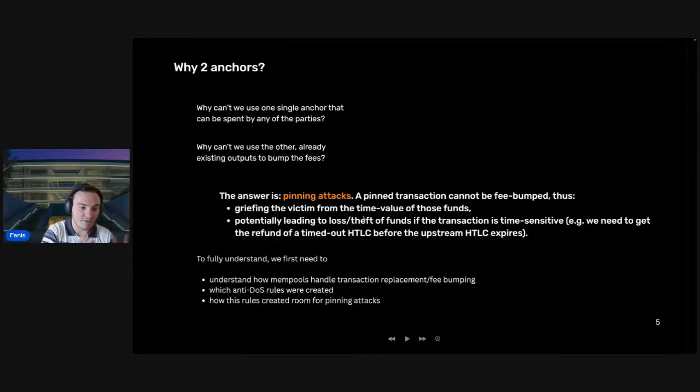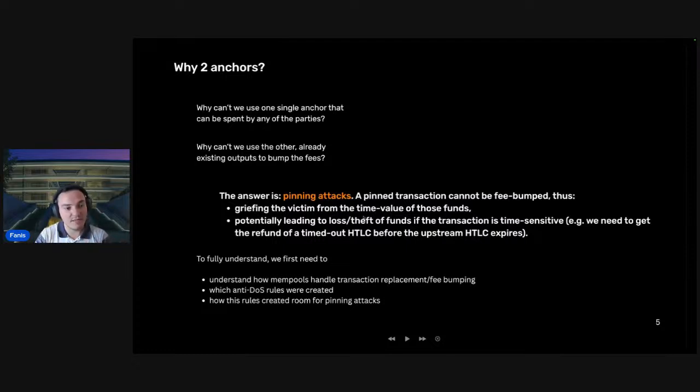And if both nodes are colluding, basically it can be the same attacker that controls both nodes, and they use this attack in order to steal funds from you. So the key thing to remember here is that pinning attacks can be both a griefing mechanism in order to target a victim and make them lose the time value of the funds that are in some kind of limbo state, meaning that they are unconfirmed in the mempools, and you can't use them.